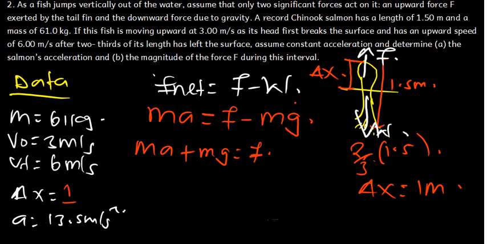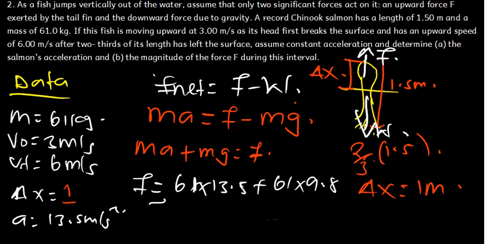So let's plug in the values. We are going to have the mass, which is 61, times the acceleration 13.5, then plus the mass 61 times 9.8. So our force is going to be equal to 61 times 13.5.